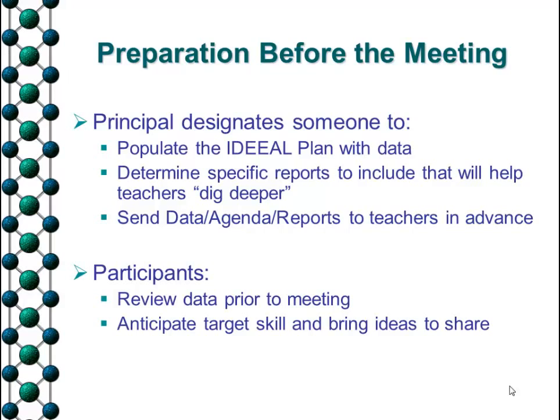For instance, comprehension may be flagging, but a look deeper into data may determine that vocabulary is actually a big issue, and students struggle with multiple meaning words or multisyllabic words, in which case just working on comprehension may miss the real problem or the prerequisite skill of developing students' vocabulary. So the focus should probably be on vocabulary prior to working on comprehension.